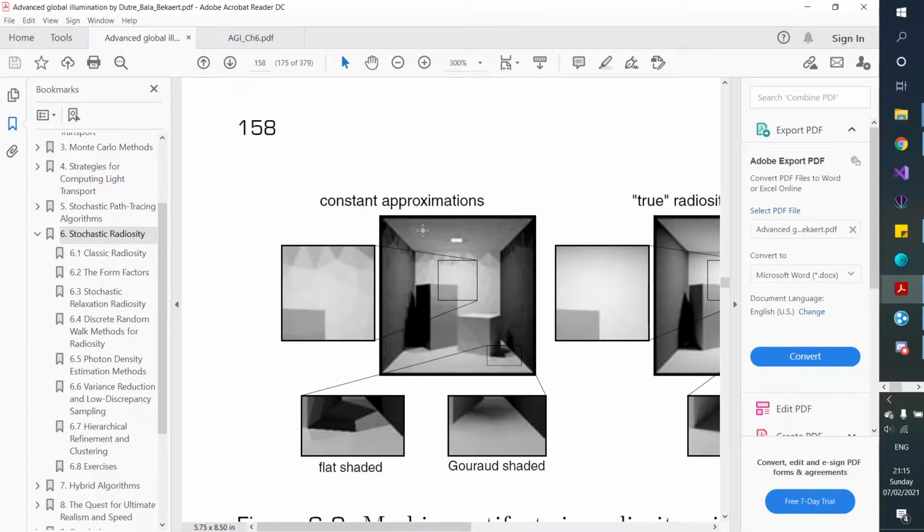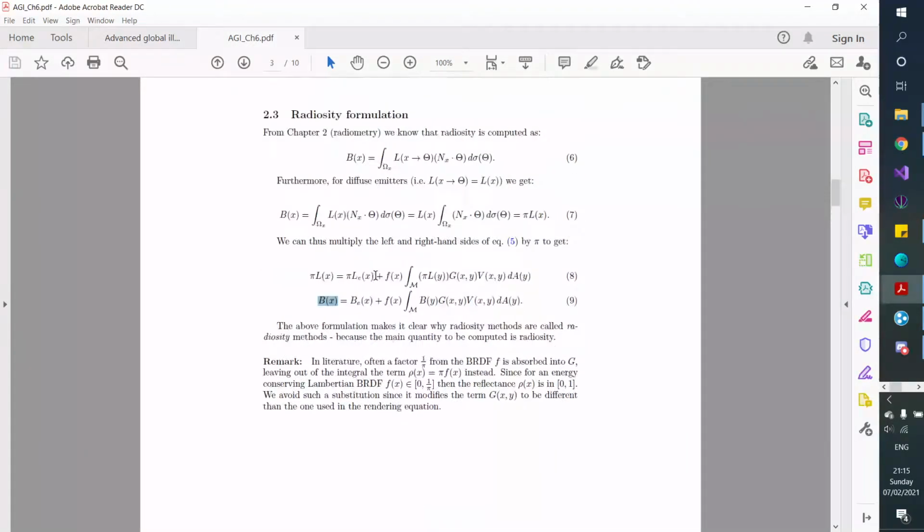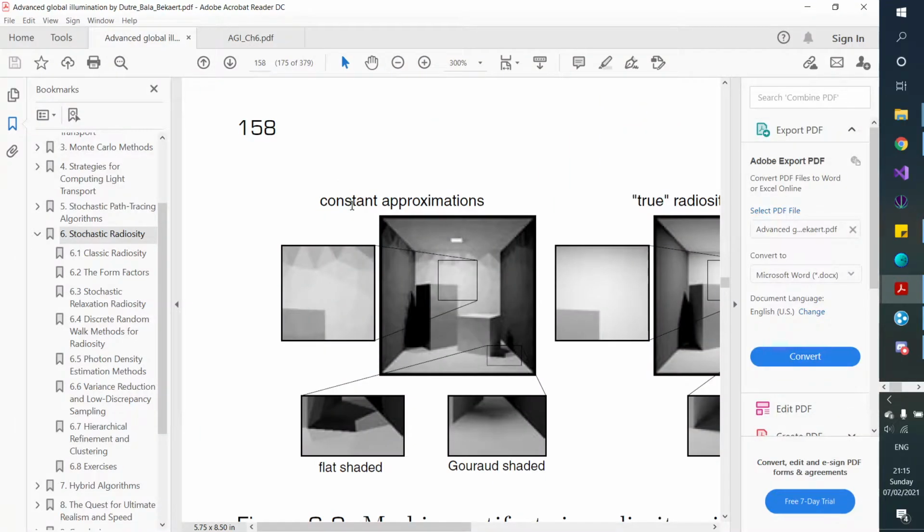And if the radiosity is constant in each triangle, then I need to only compute the radiosity for as many triangles as I have, because even if in each triangle there are infinitely many points, and otherwise I would have had to store the solution at infinitely many points, if I pretend that in each triangle that I subdivided my scene into, the radiosity is constant, then I only need to store as many coefficients as I have such triangles.